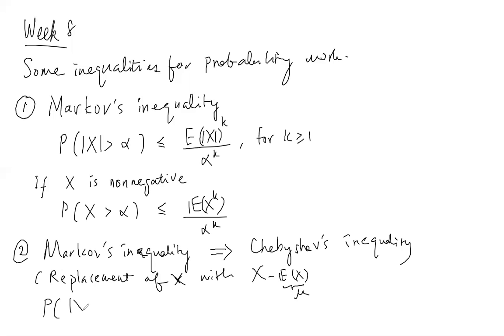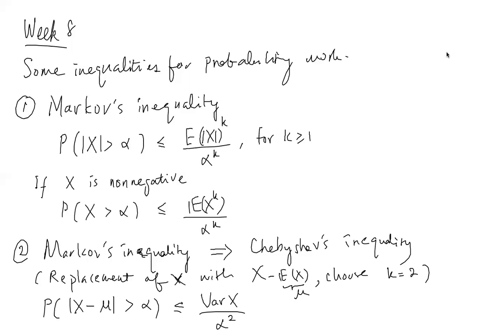So you would have bounded by the variance of x over alpha square. Replace and then choose k equals to 2, right? So the Chebyshev's inequality is a special case of your Markov's inequality.